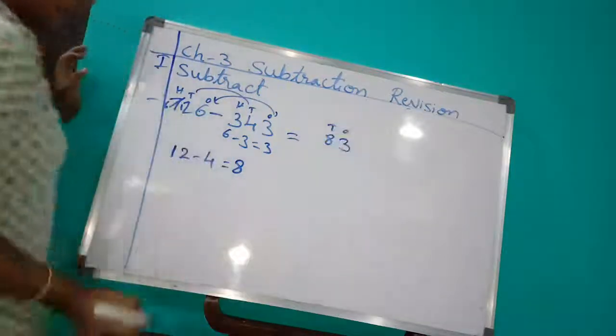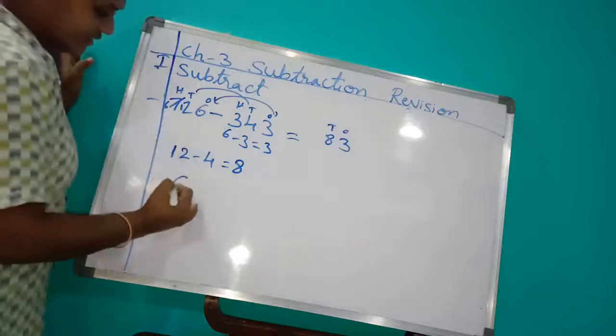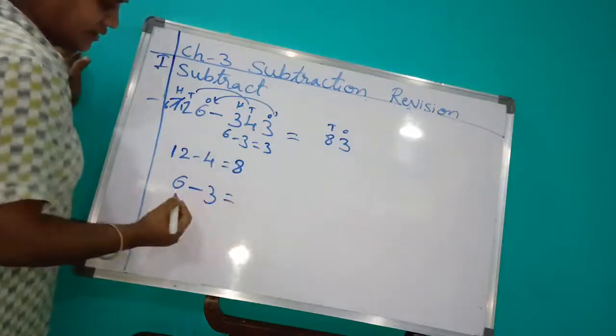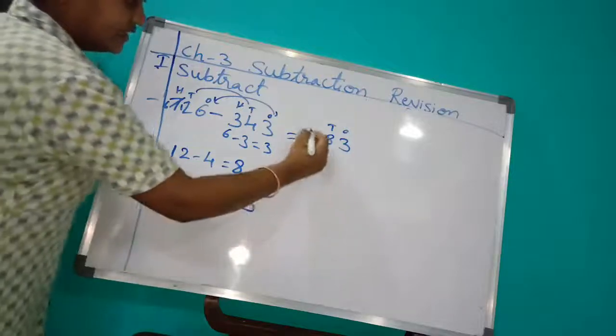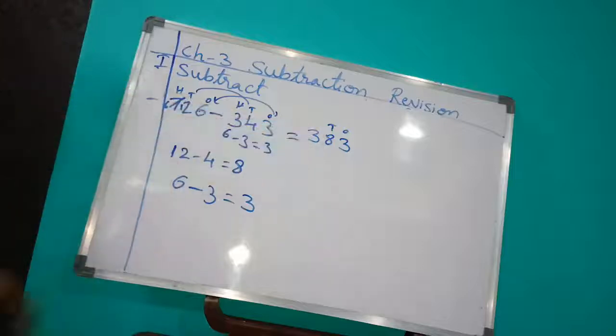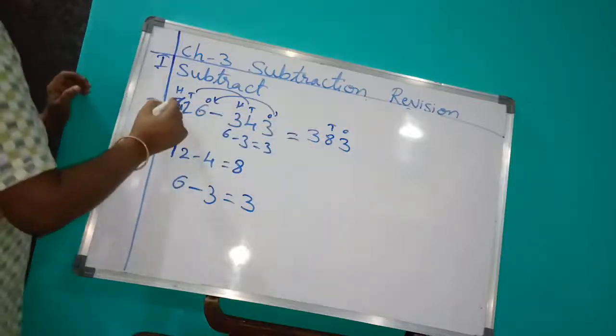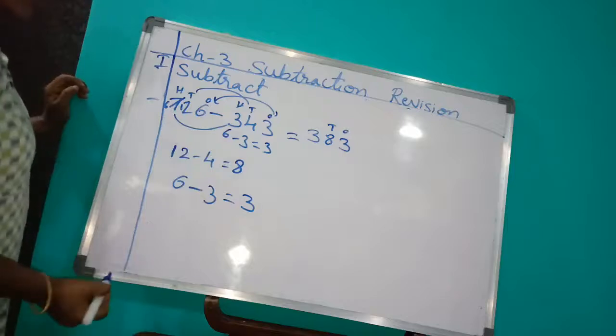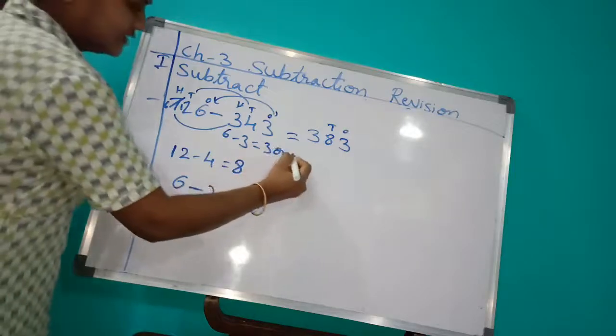In the 10's place, 8. Here 6 minus 3, 3. What is that answer? 383 is the answer. Okay, this is 1's place.